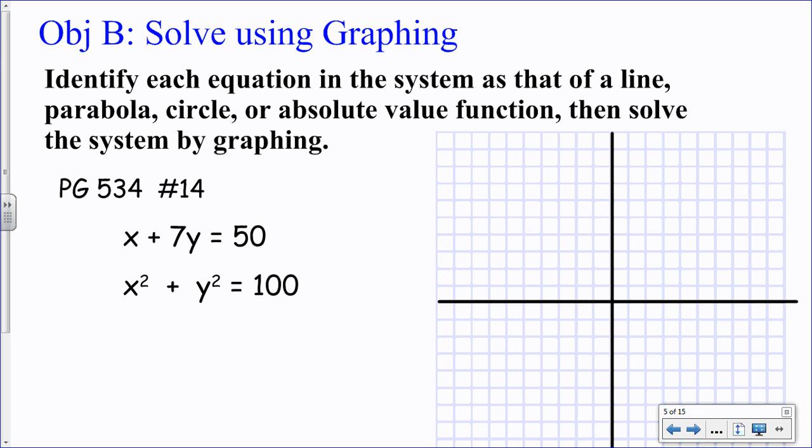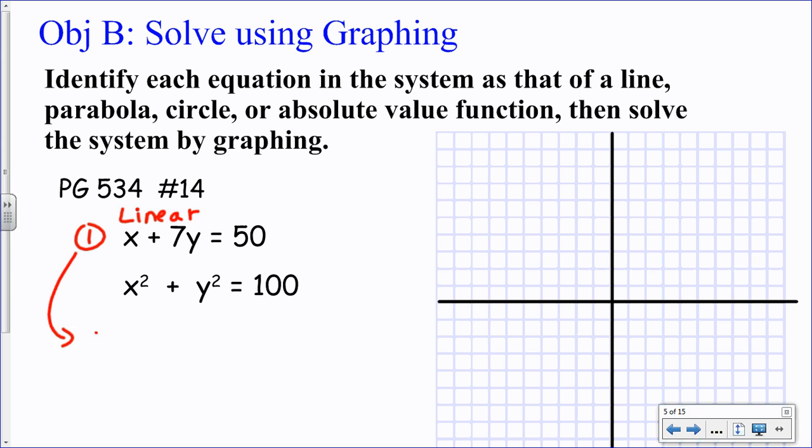So we first want to identify what my equations are. So we already said this top one was linear. So when you graph a linear function, you want it in slope-intercept form, which means get y by itself. You want it y equals mx plus b.